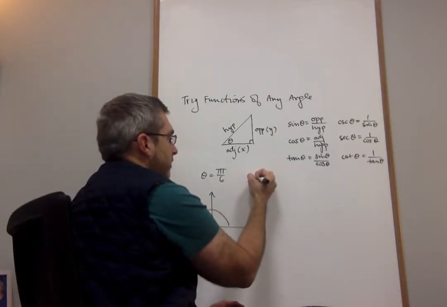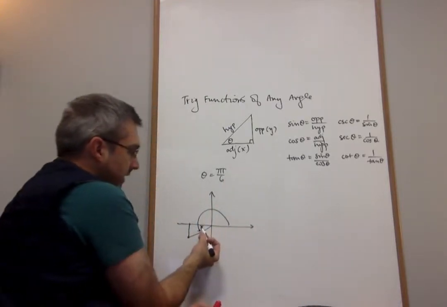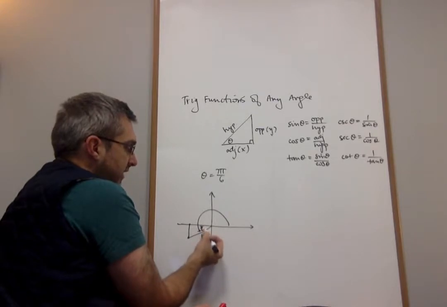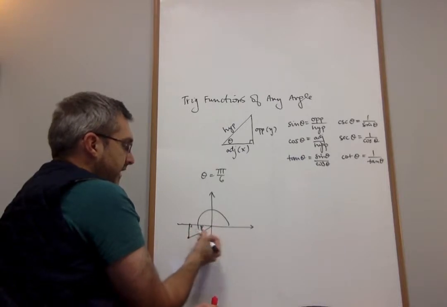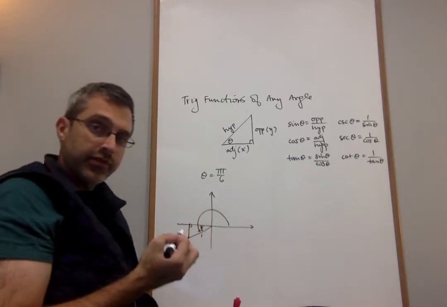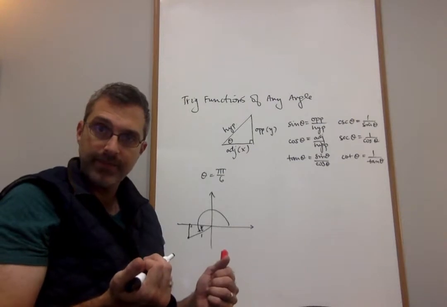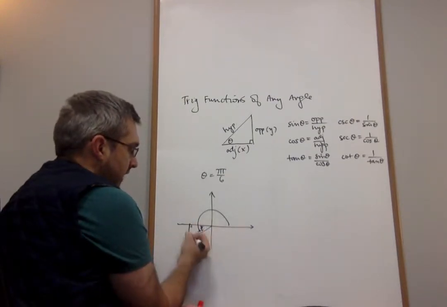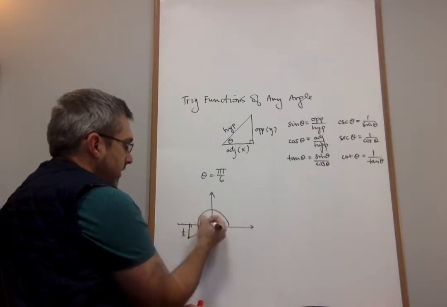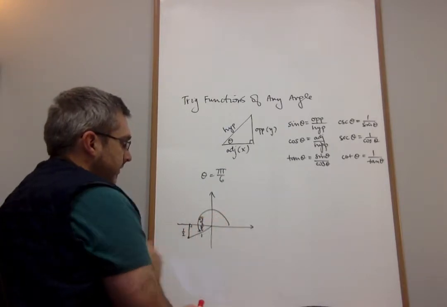And then if somebody asked me what the sine is, I would have to remember, okay, this pi over 6, that's like 30 degrees, so I've got a 30, 60, 90 right triangle here. One side is 1/2 and the other side is root 3 over 2. Which one's which? The shorter one is opposite the smaller angle. So this is 1/2. This is root 3 over 2.